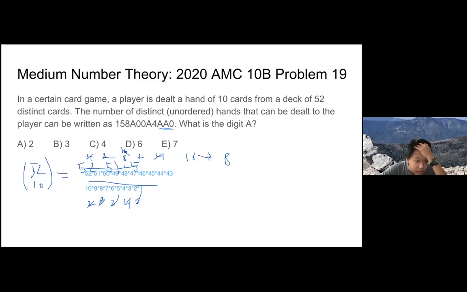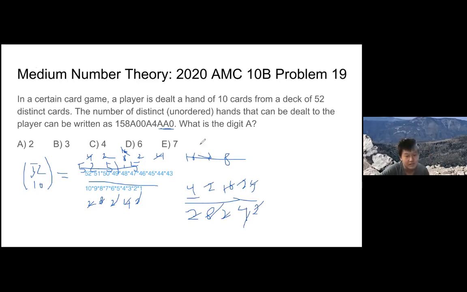I messed up somewhere? Oh, that's embarrassing. Sorry, let me rewrite that. My handwriting's too messy. These were the numbers we had. You have 2, 4, 2, okay. Sorry, it's divisible by 4, but it's not divisible by 8.